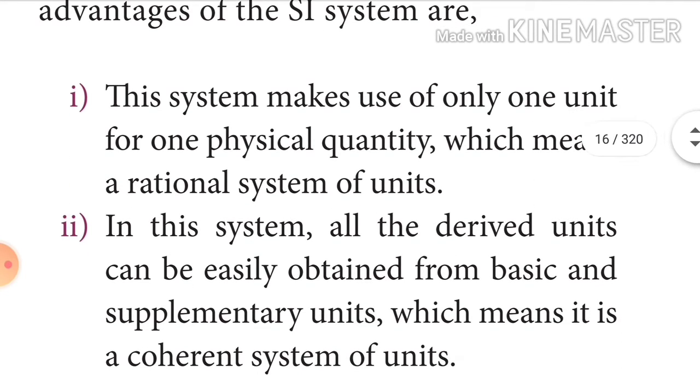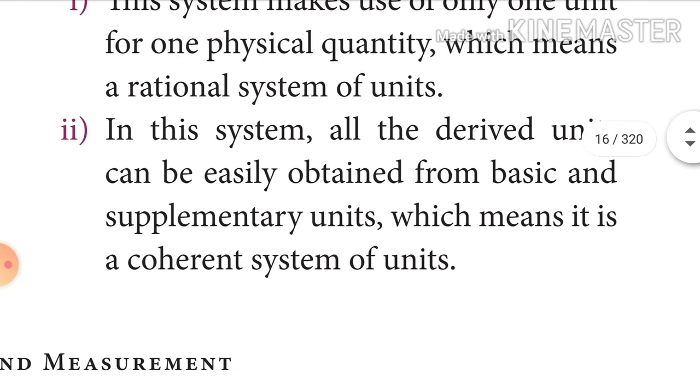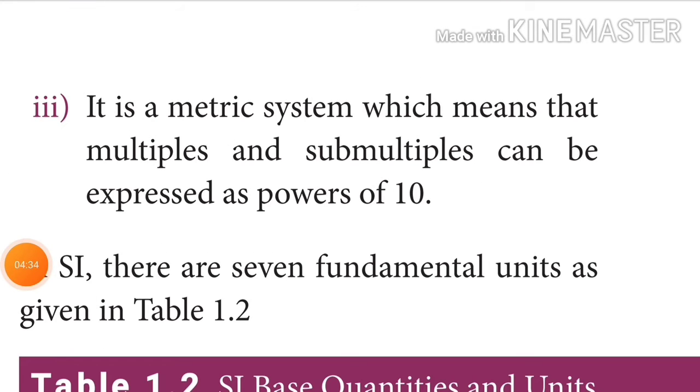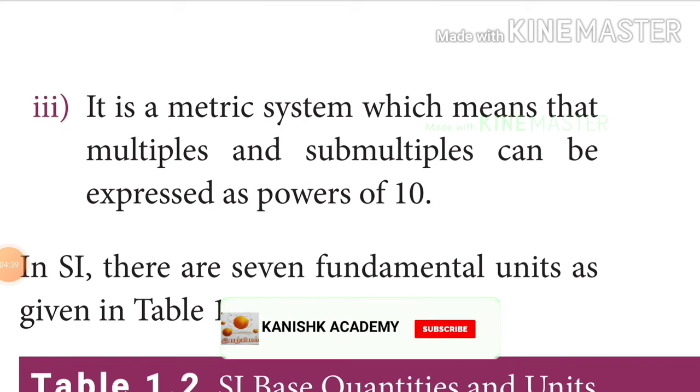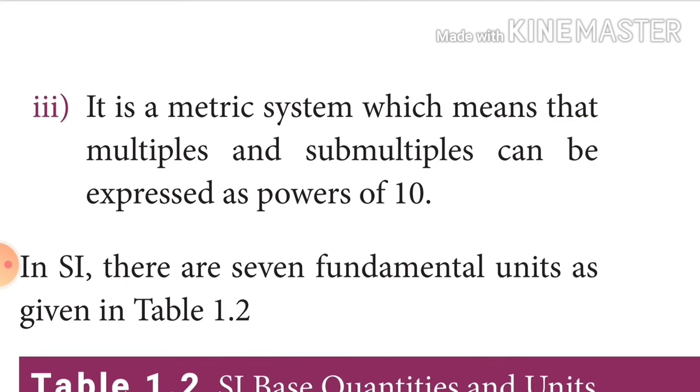Second, all the derived units can be easily obtained from basic and supplementary units, which means it is a coherent system of units. Third one, it is a metric system, which means that multiples and submultiples can be expressed as powers of 10.